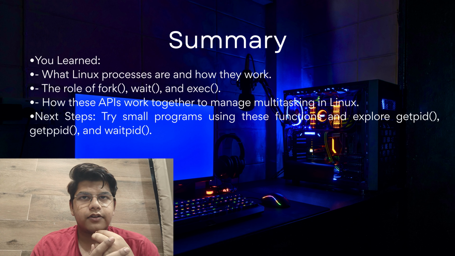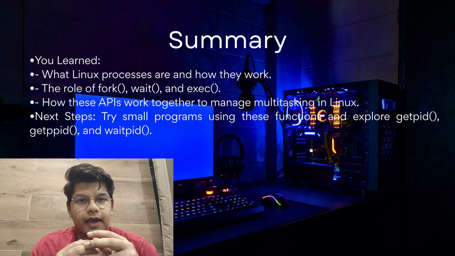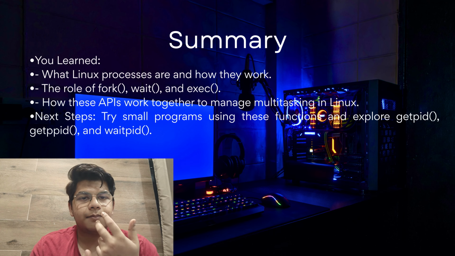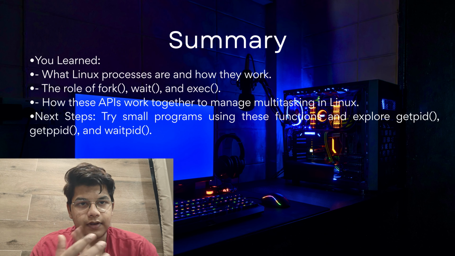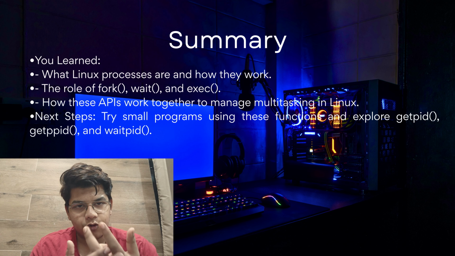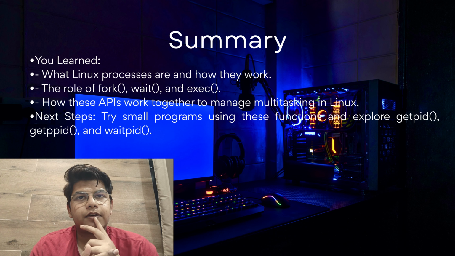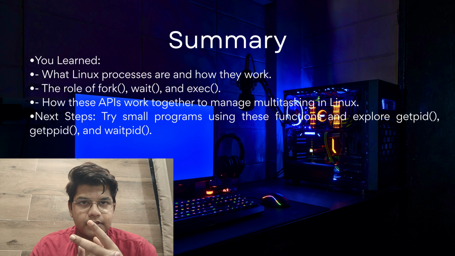To summarize, we learned what a Linux process is, how processes transition through lifecycle states, and how Linux organizes processes into a parent-child hierarchy. And we also saw the three key APIs: one, fork to create a new process; two, exec to replace the process image with a new program; and third, wait to synchronize parents with children and prevent zombies.